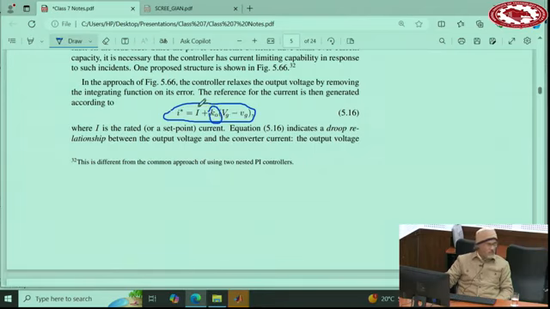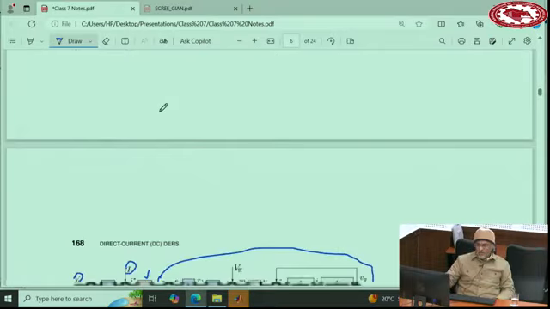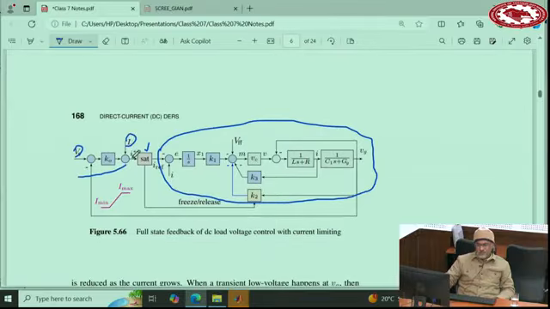So you can say, I would not mind that my voltage changes plus minus 2% or 3%, which is normally acceptable ranges, 2, 3, 4, 5%, depending on the application. So I would allow the voltage to change plus minus 5%, and then from that change I generate the reference for the current here.